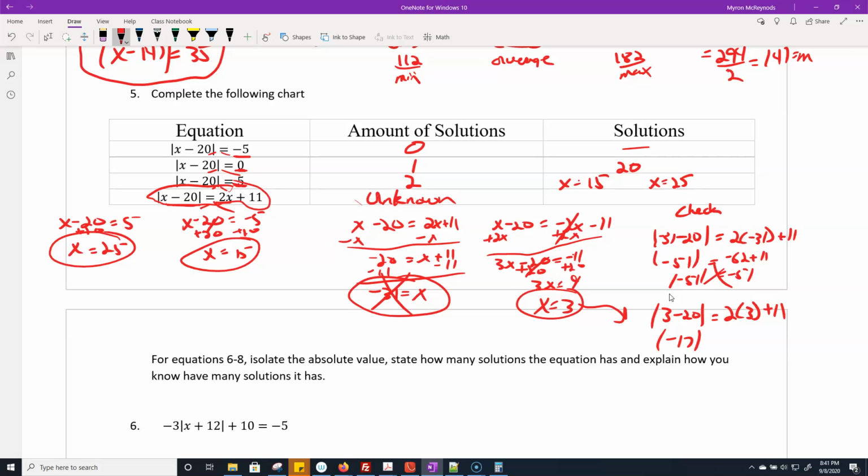And this is 2 times 3 is 6 plus 11, which is 17. Is this a correct answer? Yes, it is. Absolute value negative 17 is 17. So 3 would be the only correct answer. X equals 3. So that one could have 1, 2, or 3 solutions. It's unknown until you actually solve it and check it. So that is the answer to number 5.